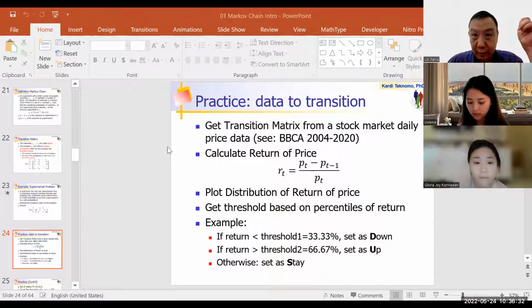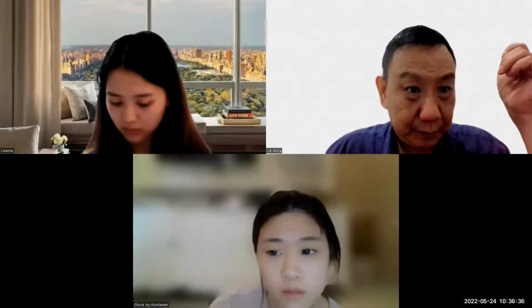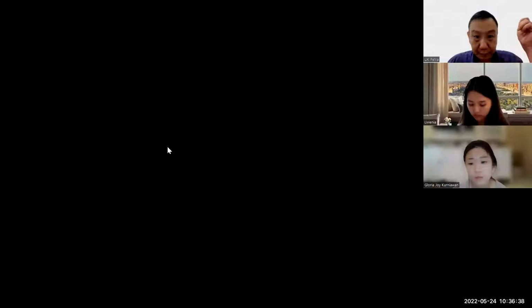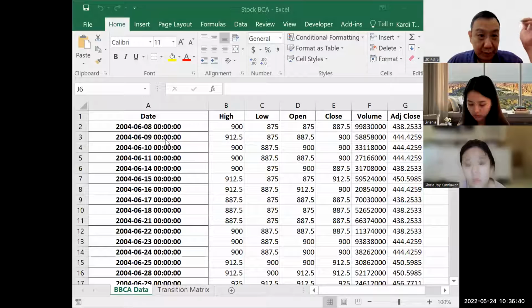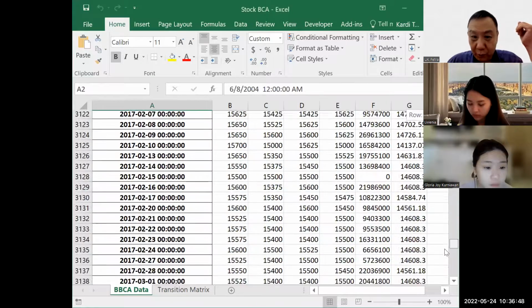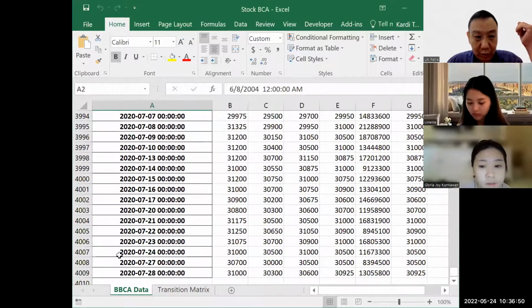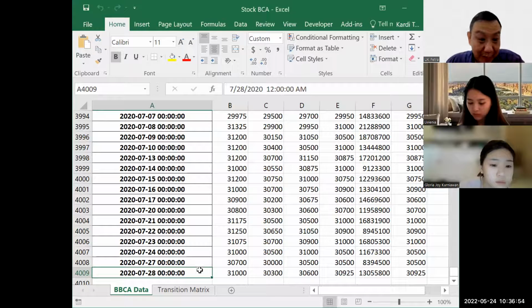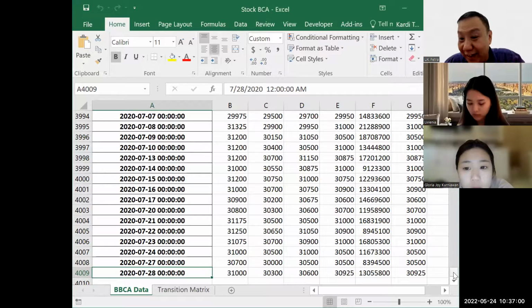Can you see my data? This is the data that I will give you later. It is the data from 2004 up to July 2020. Then what you will do is create a Markov chain based on this real world data.